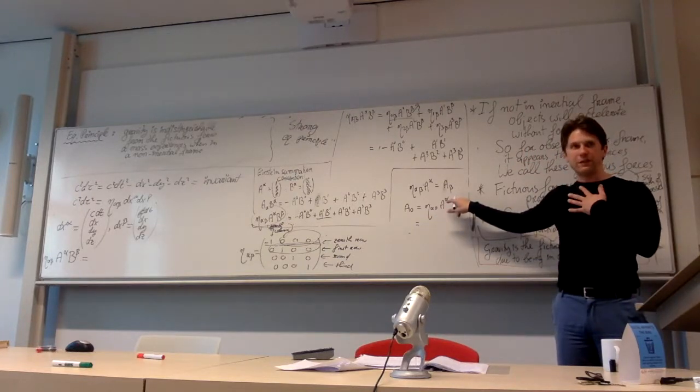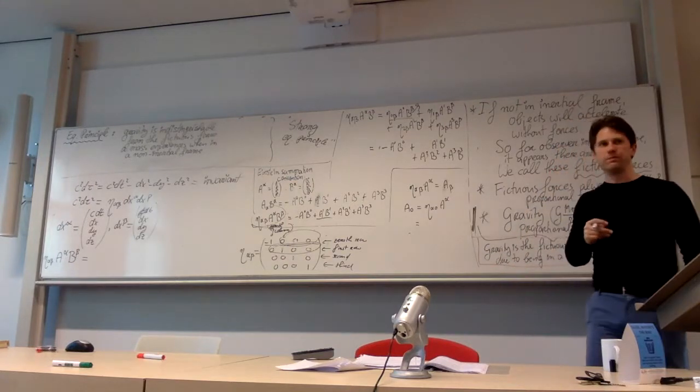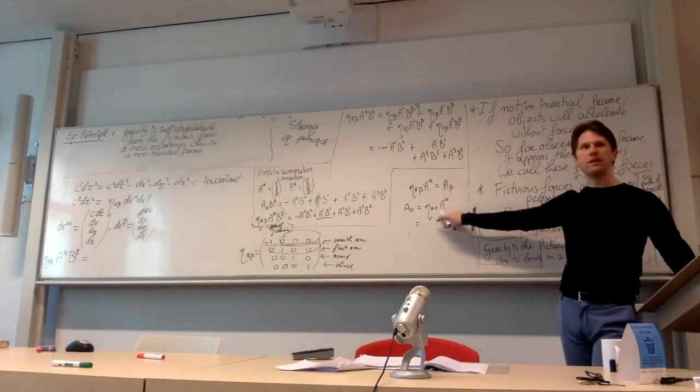You have two Greek indices now, so you have to use our notational scheme. What does it mean when you see one index upstairs and downstairs?